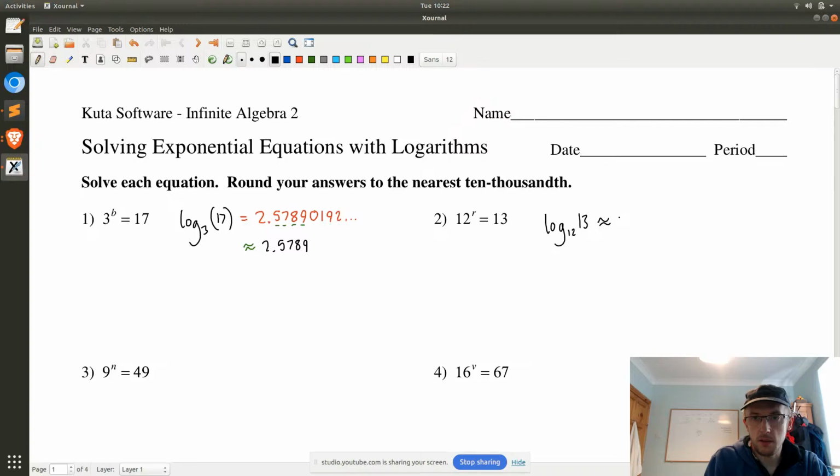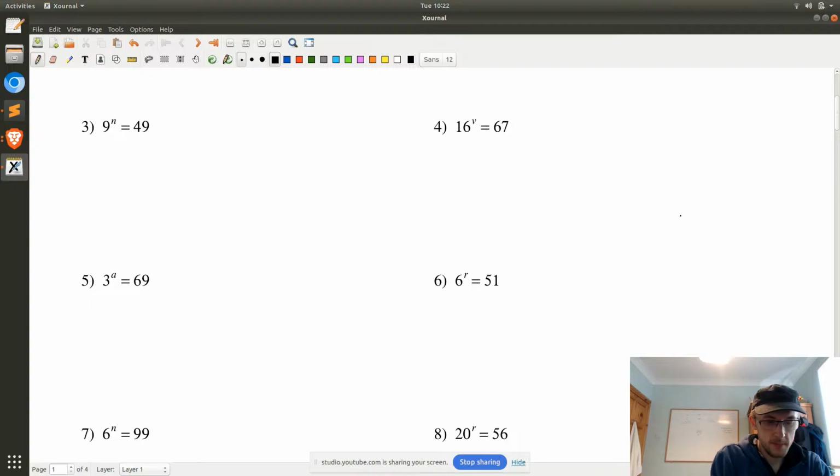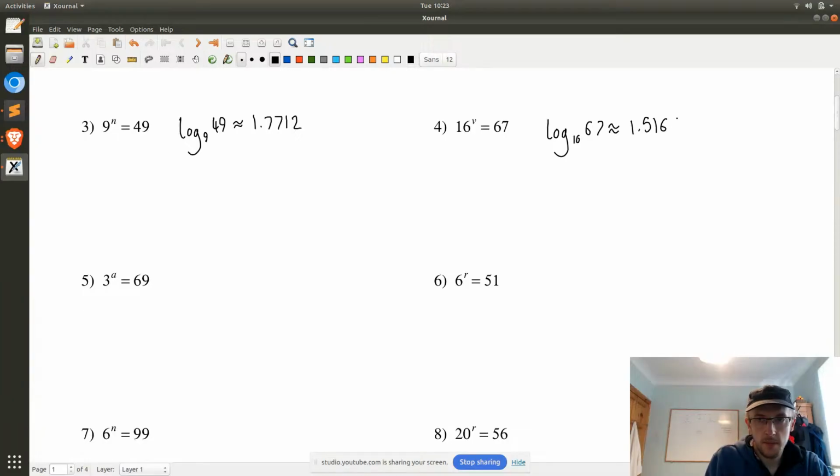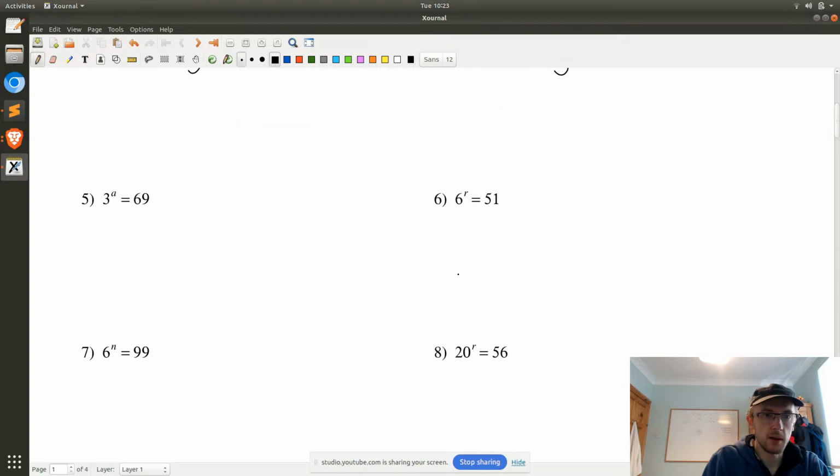Then 1.03222, then 1.5165. Okay, and to check. This is an agreement so far.